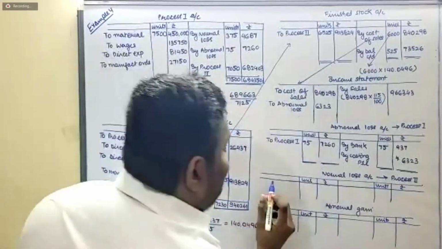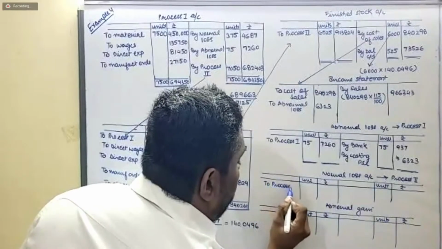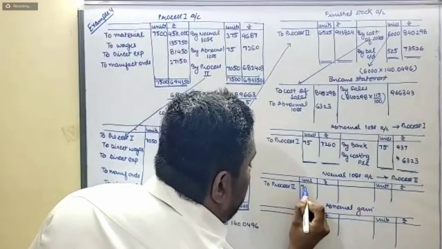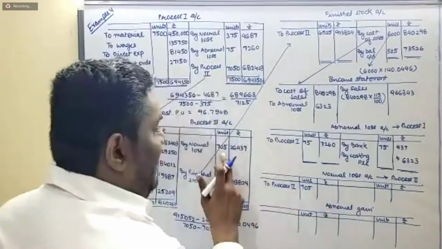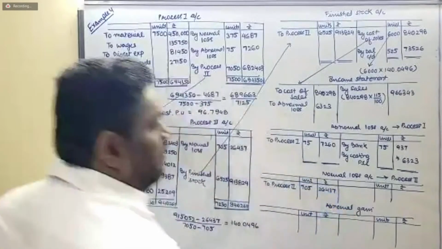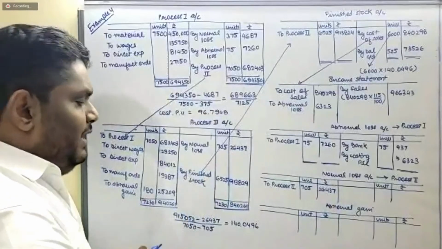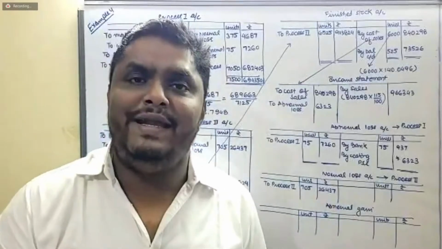The normal loss is 705 units, and the value is 26,437. Now herein there is an abnormal gain of 180 units.